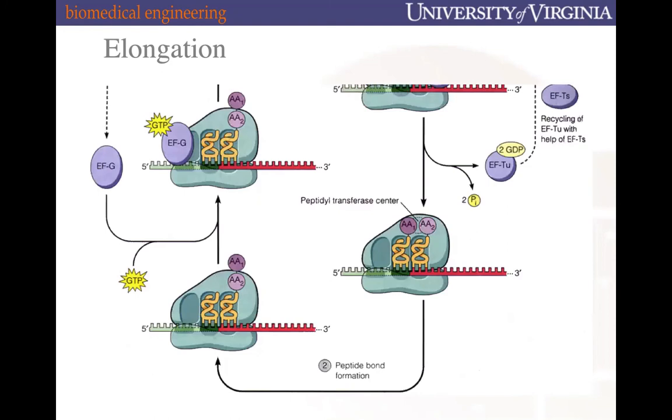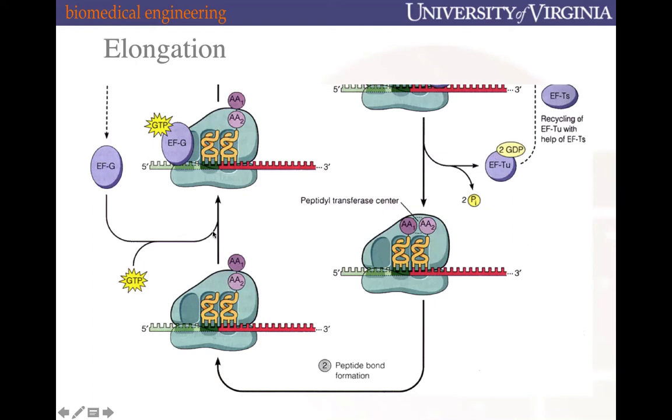Now, once that GTP is hydrolyzed, because we have the right complementary transfer RNA, the peptidyltransferase will help mediate the formation of a peptide bond between amino acid 1 and amino acid 2. And once that peptide bond is formed, it's added on to the transfer RNA in the A site.